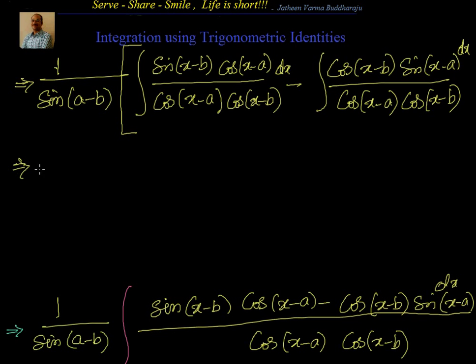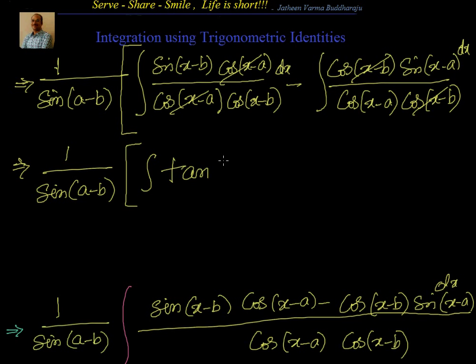Now if we simplify, cos of x minus a cancels here, and cos of x minus b cancels here. So I have 1 by sin of a minus b, integral of tan of x minus b minus integral of tan of x minus a dx.